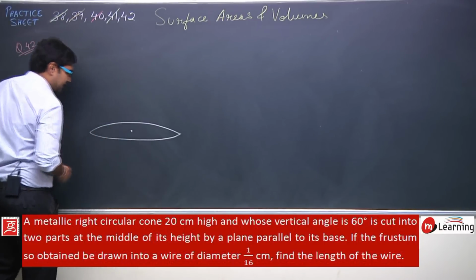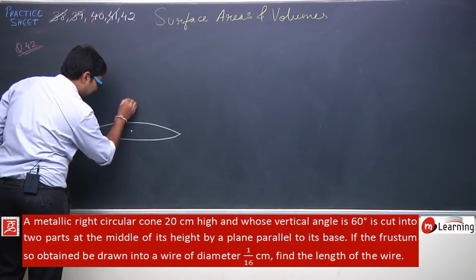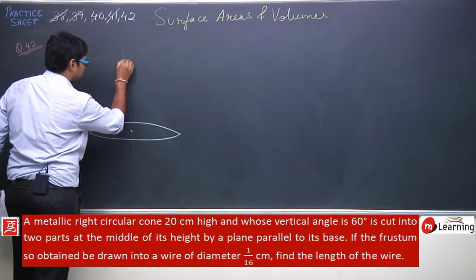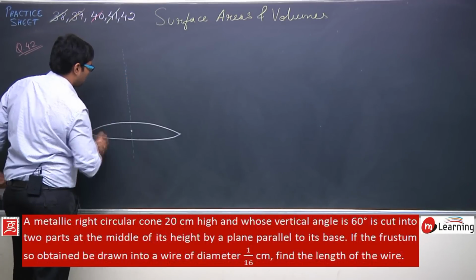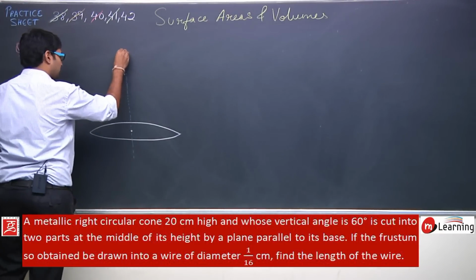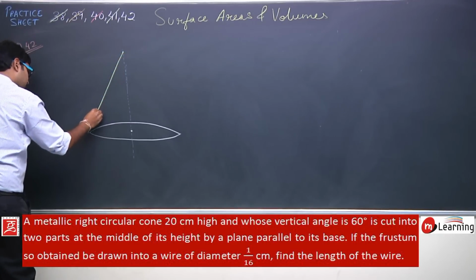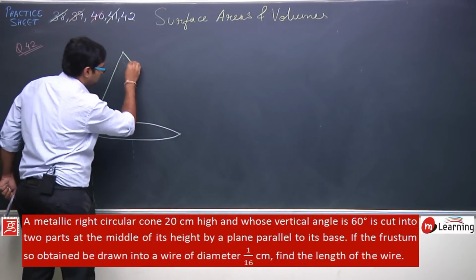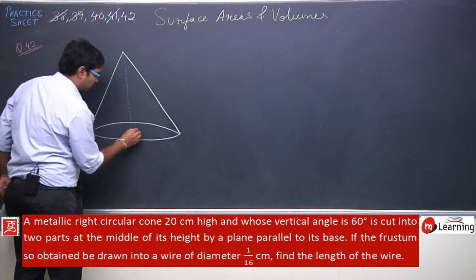This is somewhere the center is, and I will draw a perpendicular to this center like this. Like this is the perpendicular, and this becomes a right circular cone.